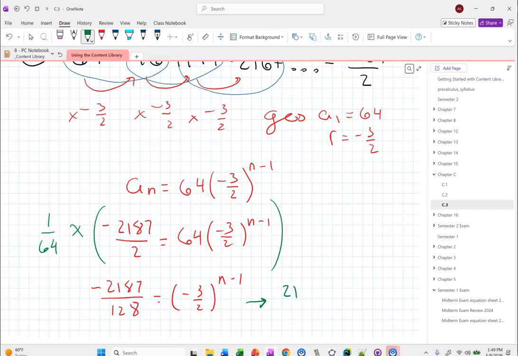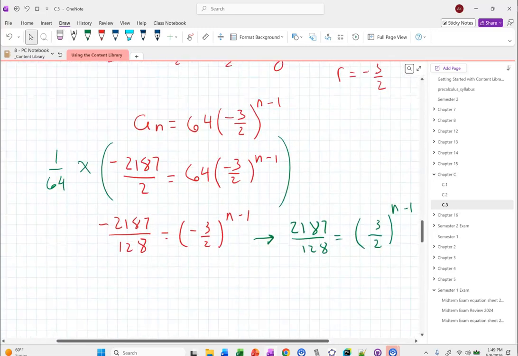And to solve for n, I'm just going to drop the negative signs in those two locations. Everybody's okay there? That the answer to that equation for n will be the same as the other one, based on my argument about 2 to the third and negative 2 to the third. Everybody's good with that? Okay.